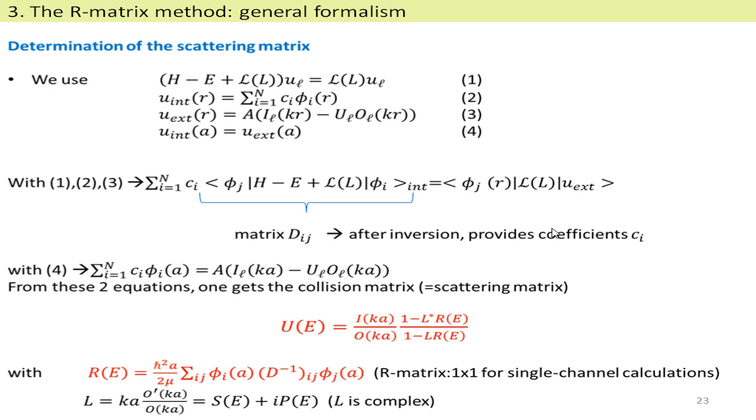And L, which appears here, is the Coulomb function that I have mentioned before. So you have your basis function, so you determine matrix D, then the matrix R, and then the scattering matrix. So these calculations are rather simple. This is presented here for single channel calculations, but it can be easily extended to multi-channel calculations.